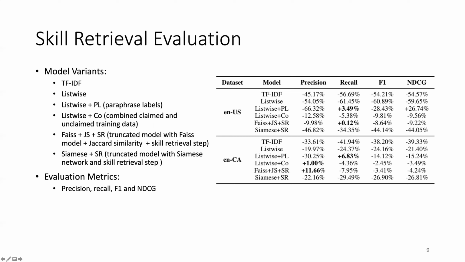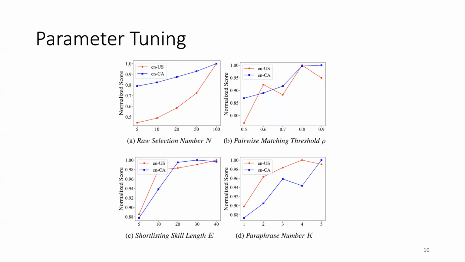Those are the truncated parts of our full model, to see whether removing each module causes a model performance degradation. And in the end, we find that all the model parts in our designed model are useful. We evaluate on precision, recall, F1 score, and NDCG.